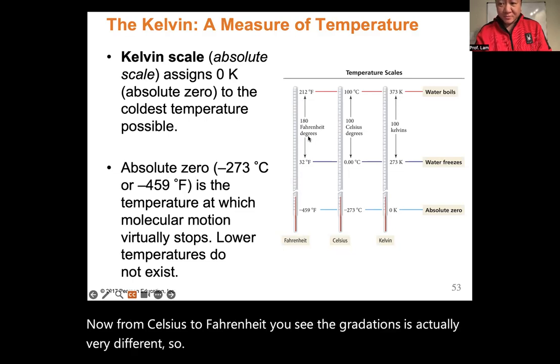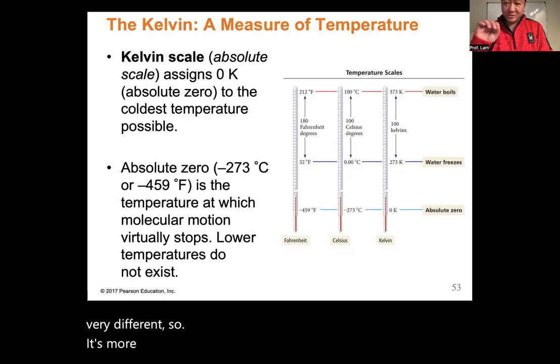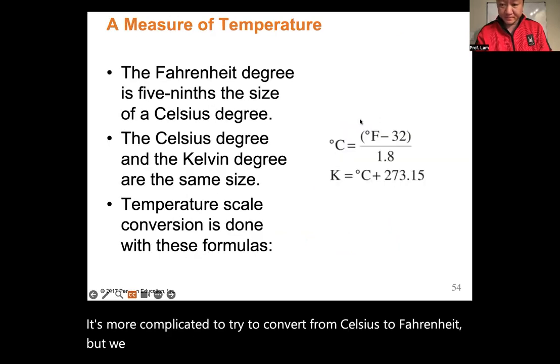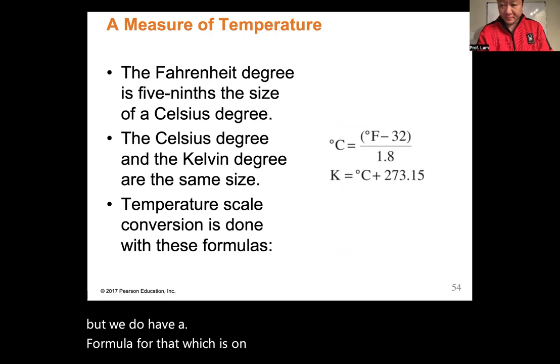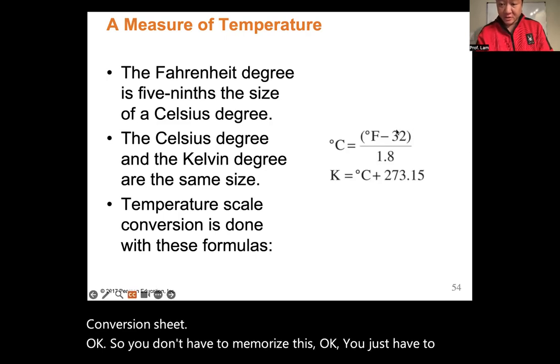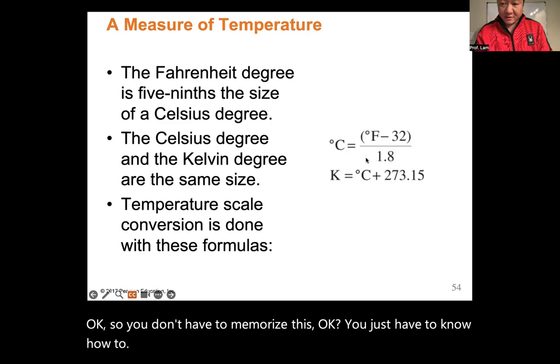So it's more complicated to convert from Celsius to Fahrenheit, but we do have a formula for that, which is on your conversion sheet. Okay, so you don't have to memorize this, you just have to know how to utilize the equation, right?